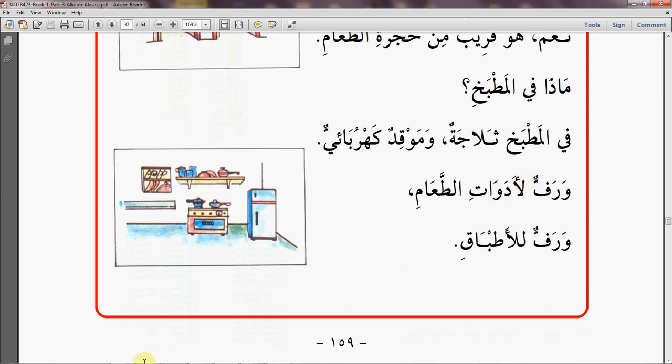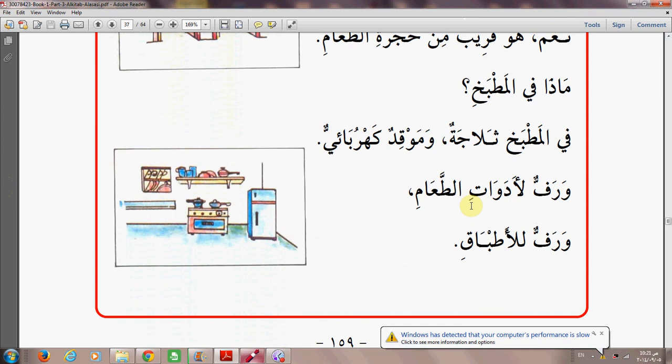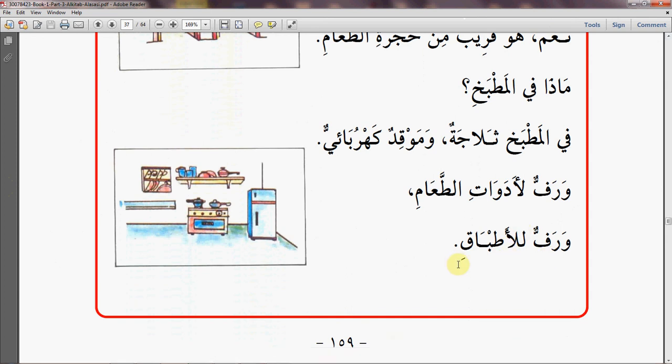Originally it should be أدوات, ألف comes, but لام comes before. This is لام حرف جر, that's why تاء got كسرة. ورف للأطباق, and a shelf for, again لام comes حرف جر, that's why قاف got كسرة at the end. And a shelf for the dishes or the plates.